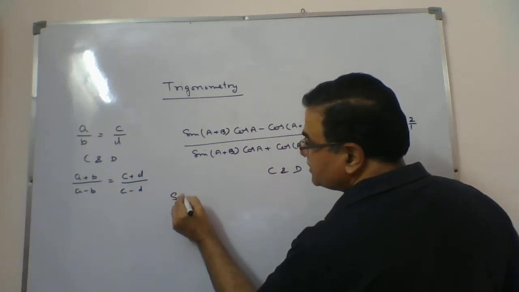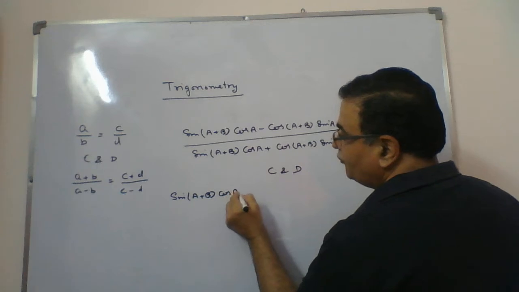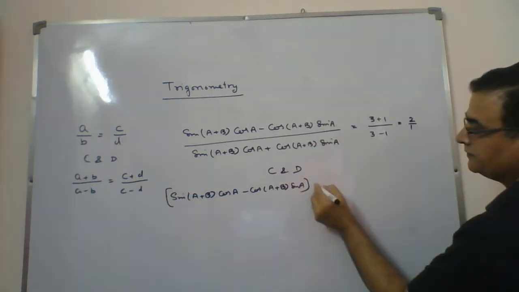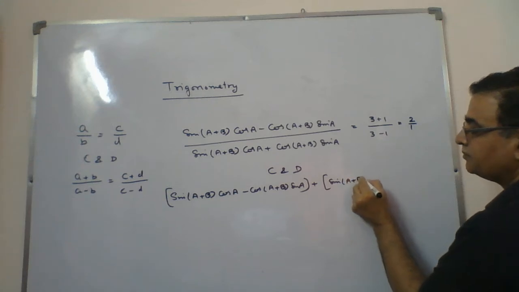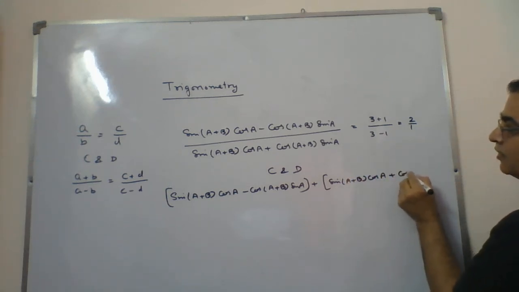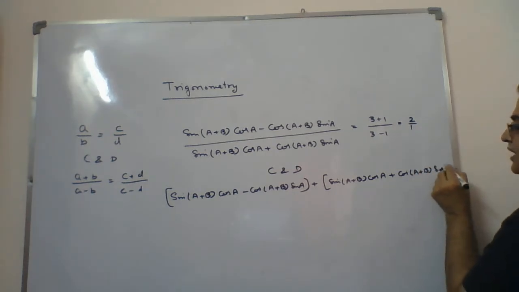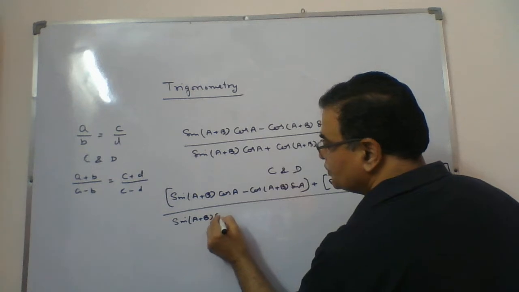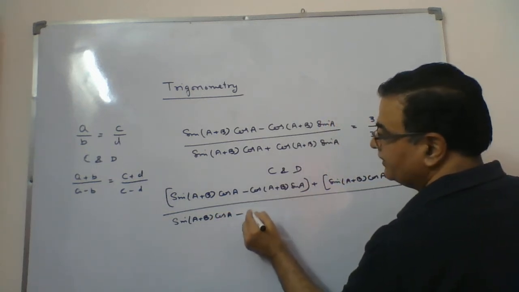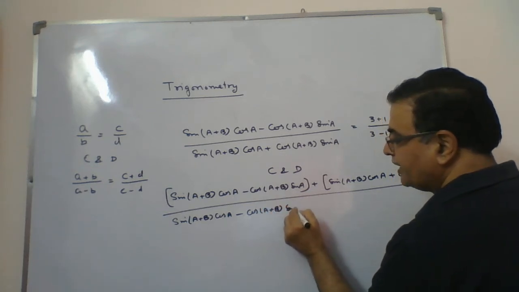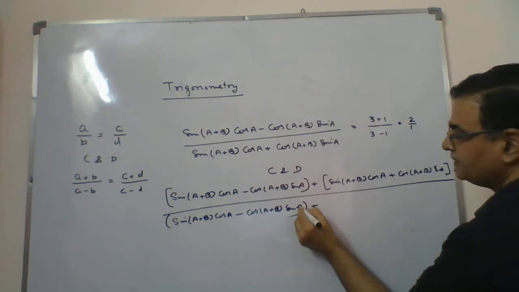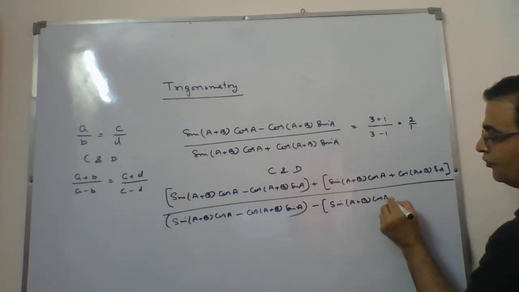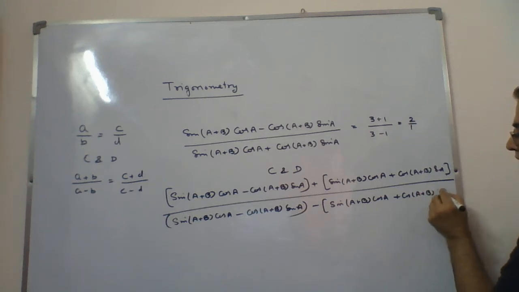So when you do that, it will come sin of a plus b into cos a plus cos of a plus b into sin of a, divided by sin a plus b into cos of a, then minus cos of a plus b into sin of a, then plus will be minus here now, then come out to be sin a plus b into cos of a plus cos of a plus b into sin of a.